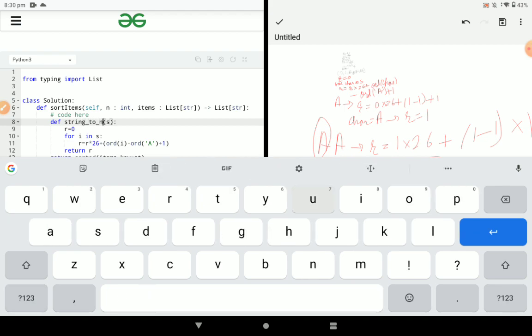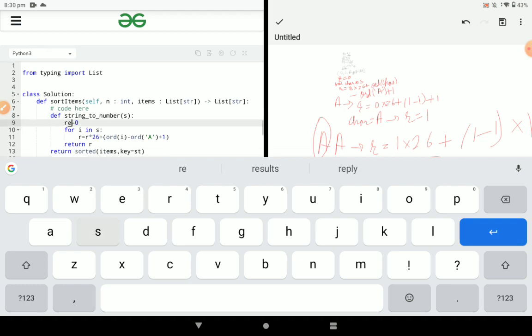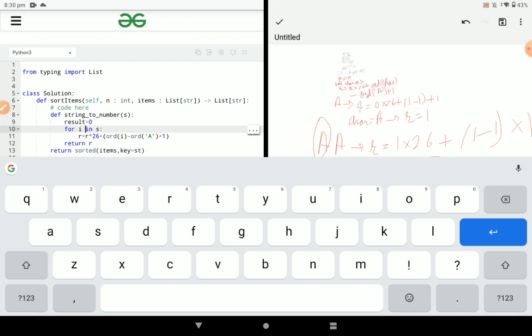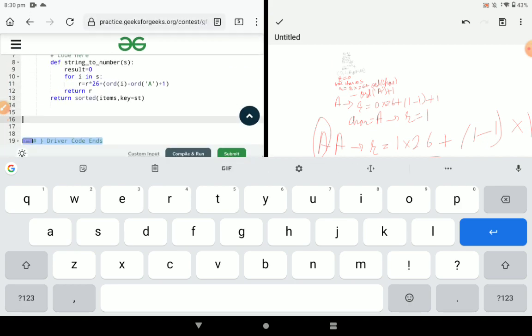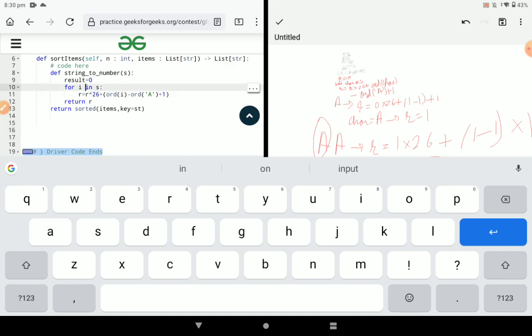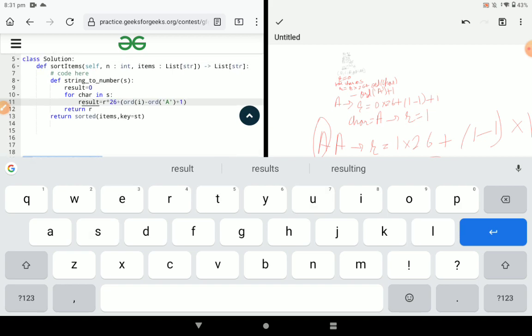Result equals 0, for char in s, the result will be equal to result into 26 plus ord of I minus ord of A plus 1.